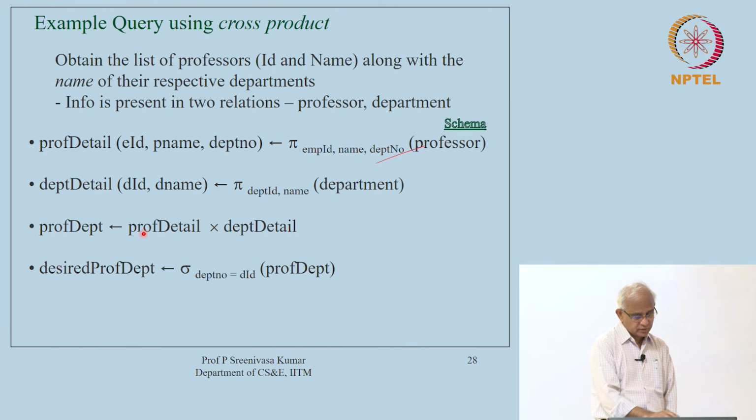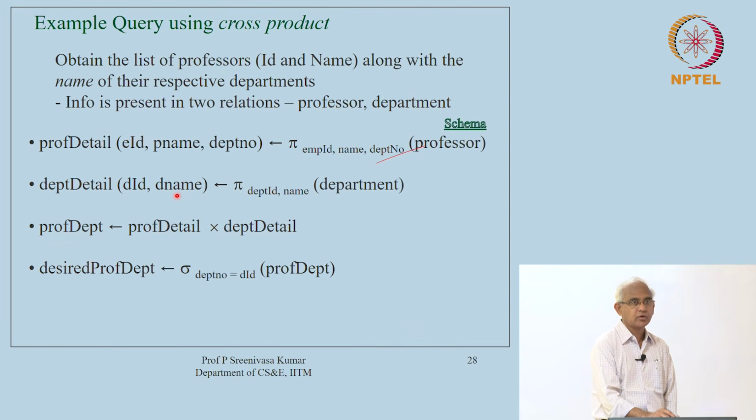So, what is the scheme of this prof department? The scheme of the prof department is EID, P name, department number, DID, D name, the concatenation of these two schemes. And in that scheme these are both attributes, and that is why I had to do the renaming, because if I do not do the renaming, this name attribute is common to both the relations. So, if you combine the information from this and this, then we should ensure that the attribute names are different.